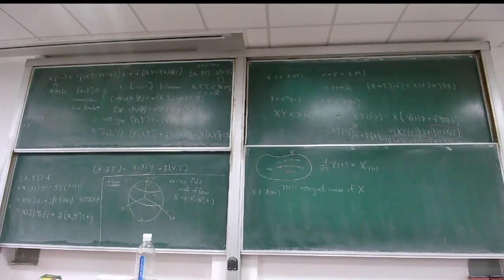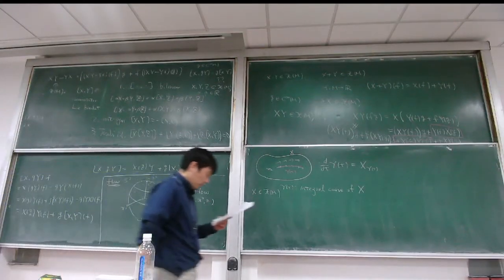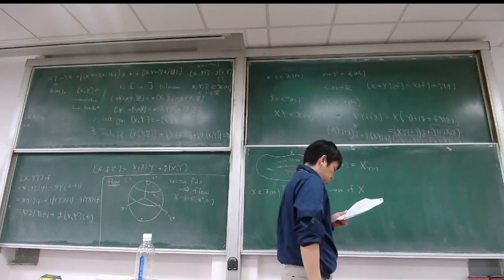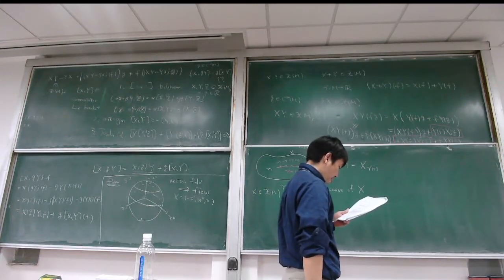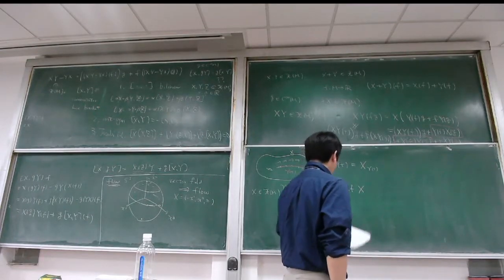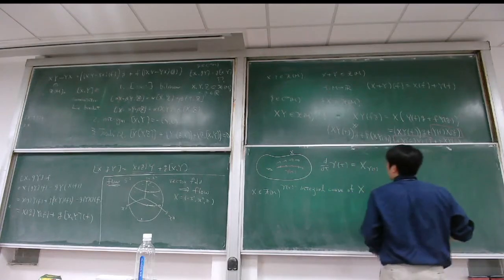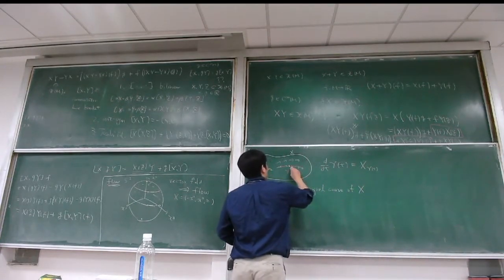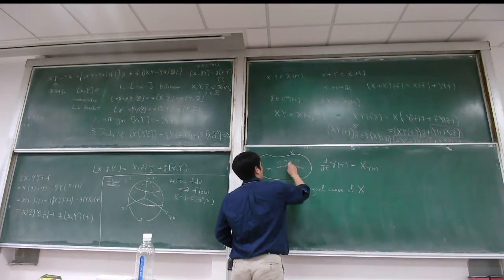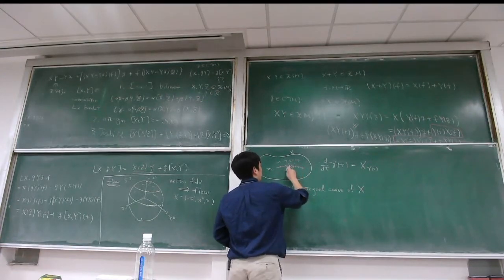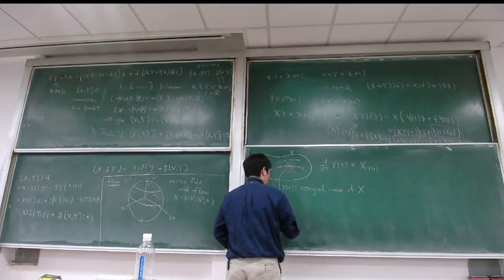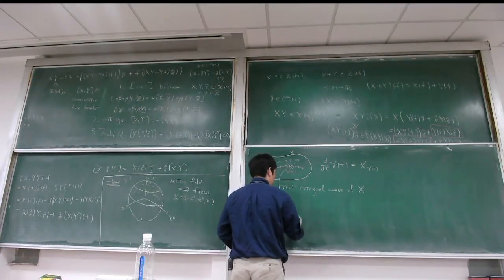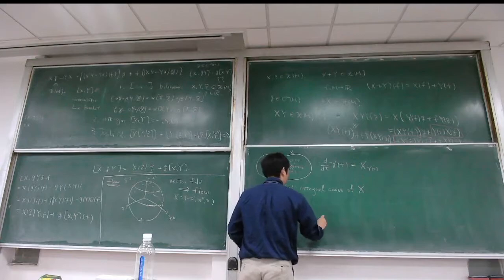And then locally, if you take this point here and look at the open chart, you have the map to local coordinates x1 through xn.